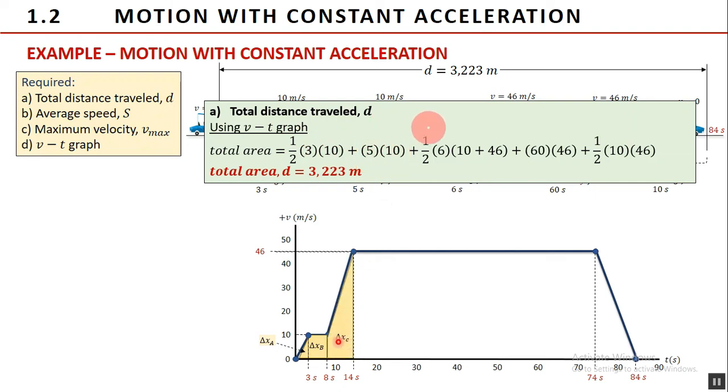This trapezoidal shape represents delta x sub c, which is 1/2 times 6 multiplied by the sum of 10 and 46. This large rectangle is the delta x sub d, which is, from the equation, 60 times 46. And lastly, delta x sub e is represented by this triangle, and the area is 1/2 of 10 times 46. The total area of this shape represents the car's displacement for the 84-second journey. As expected, this value is the same as our answer in part A.